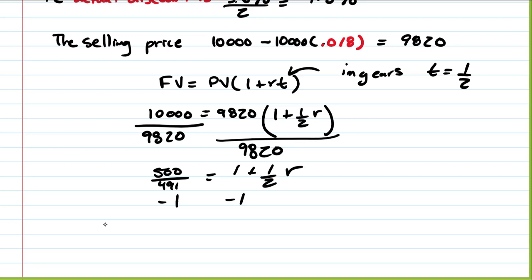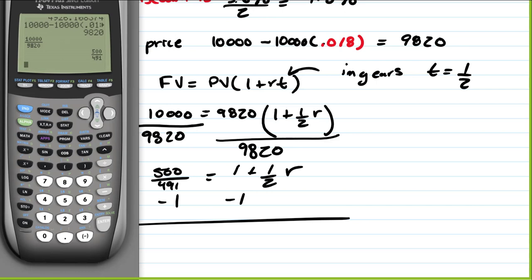So we minus 1, we minus 1. And something that's nice about our TI calculator is if I just go minus 1, it automatically pulls up the answer from the previous line and subtracts 1 from it.